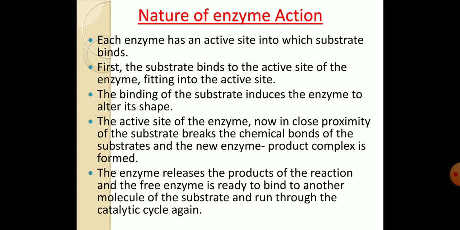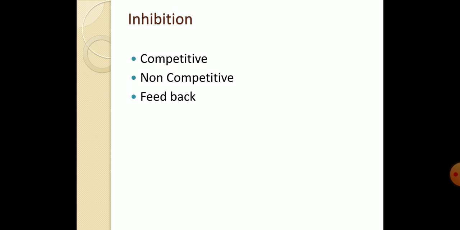The substrate fits into the active site of the enzyme, and the binding induces the enzyme to alter its shape. The active site is now in close proximity to the substrate, breaks the chemical bond of the substrate, and an enzyme-product complex is formed, releasing the product into the reaction.